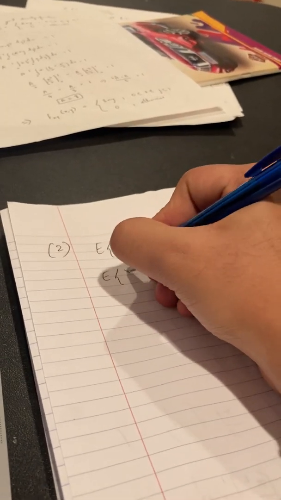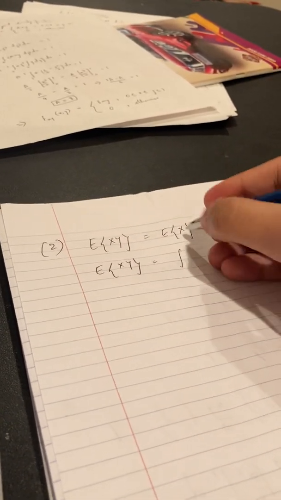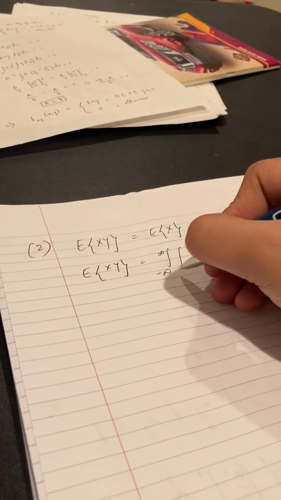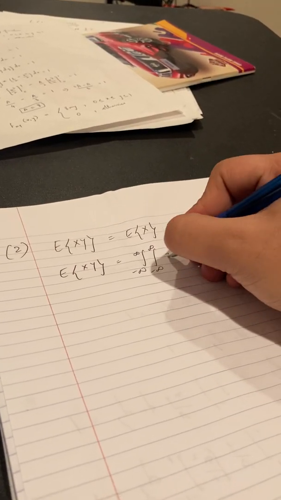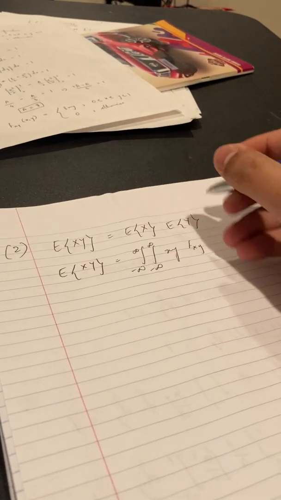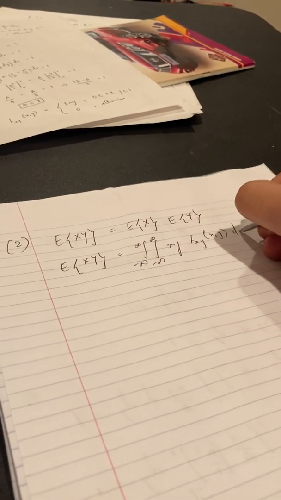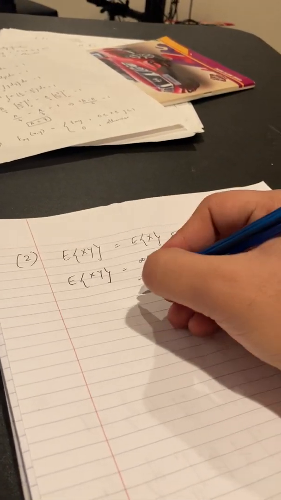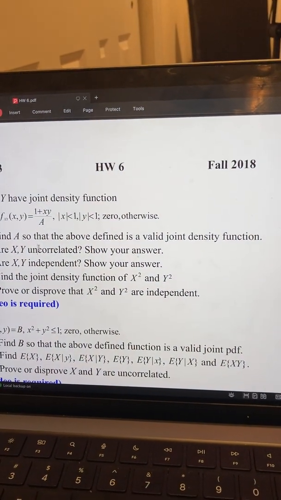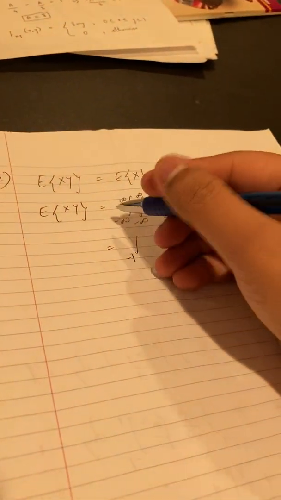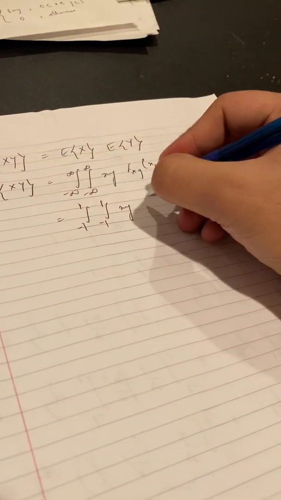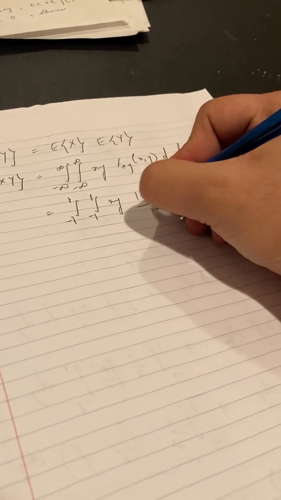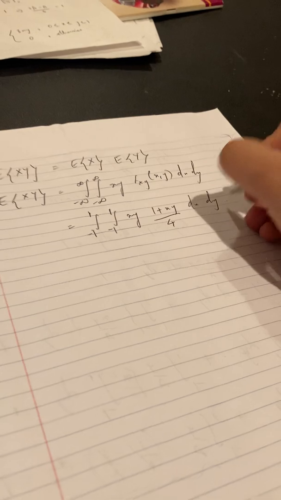First, let us calculate the value of E of XY. This is the double integral from minus infinity to infinity of xy into f_XY(x, y) dx dy. Because mod x and mod y are given as less than 1, I am integrating between the limits minus 1 to 1, minus 1 to 1, of xy times 1 plus xy by a, with a as 4, dx dy.